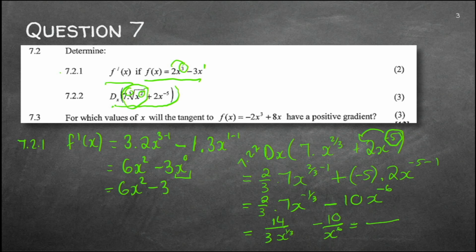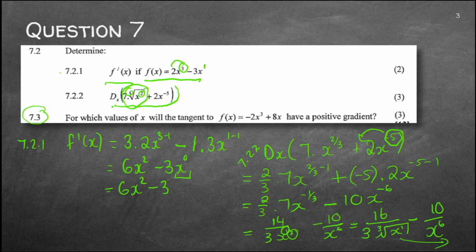Personally, I would prefer that we change all answers to surd format if possible. So remember, in is a 1, out is a 3. So it's x in over out minus 10 over x to the power of 6. And that is the answer.